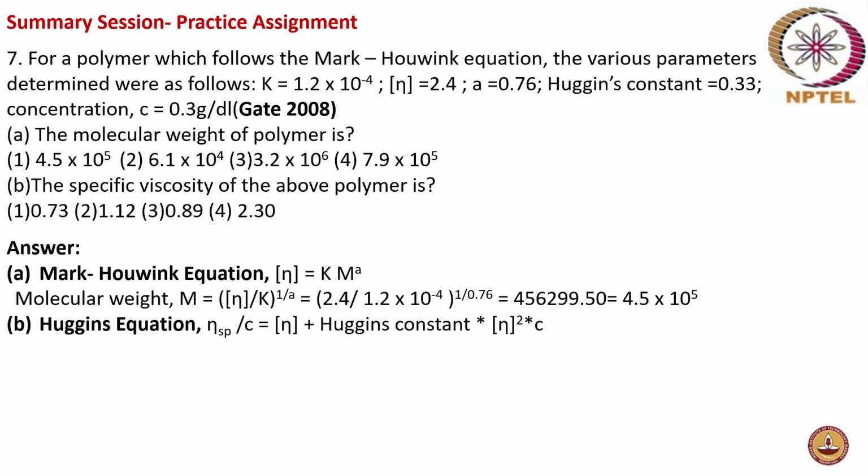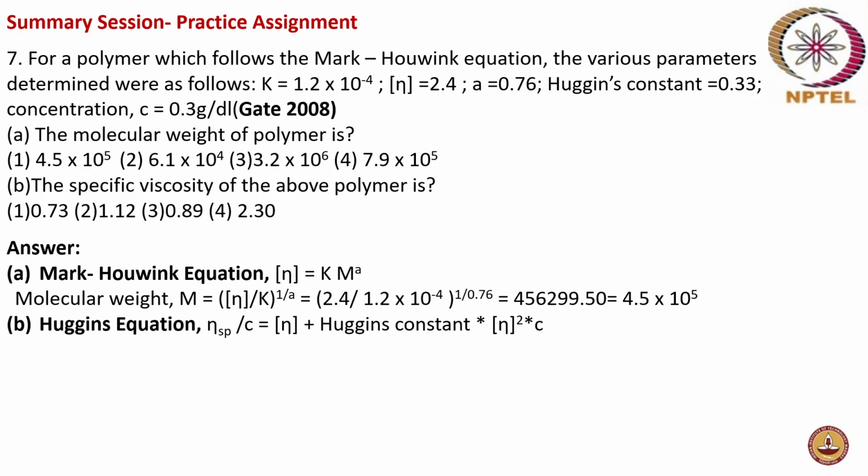Next, Huggins equation. We have to find out the specific viscosity. The Huggins equation gives the relation between the specific viscosity, concentration, and your intrinsic viscosity. So your specific viscosity by concentration is equal to eta plus Huggins constant into viscosity square into concentration.